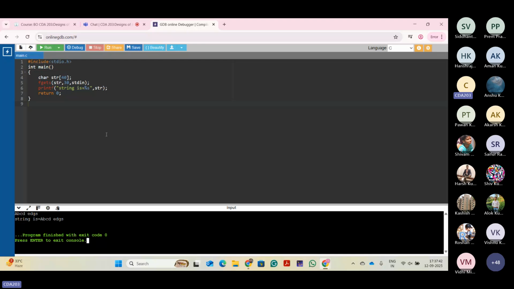And now the thing that I wanted to use is a header file.